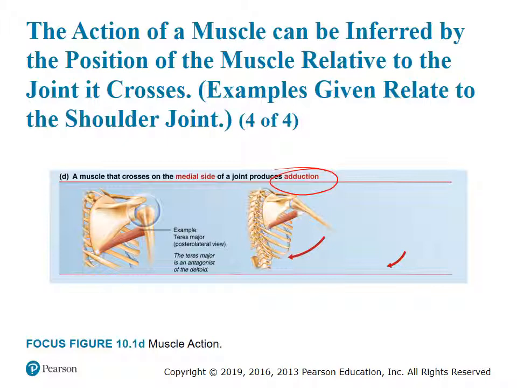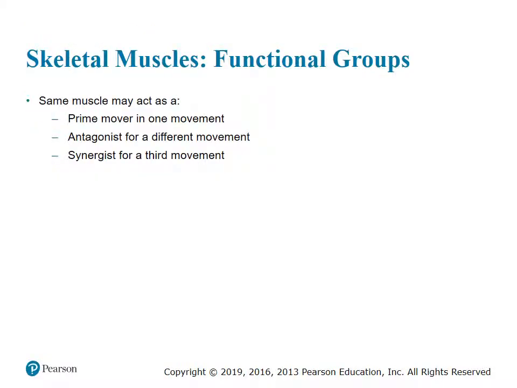This muscle, the teres major muscle, which is part of your shoulder, will pull the arm back, right? Again, the abductor, the deltoid, is our prime mover in that example, and then immediately following is our teres major muscle, which is our adductor, which is our opposite.